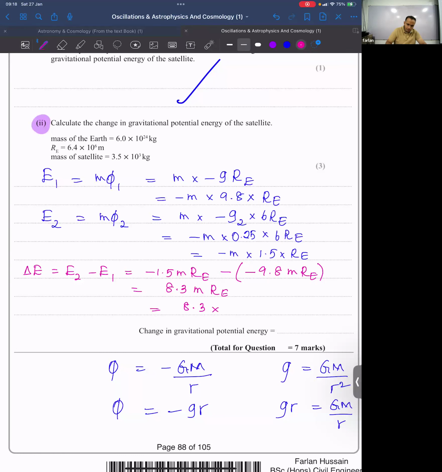The m is the mass of the satellite, which is 3.5 into 10 to the power 3, into Re is 6.4 into 10 to the power 6. I'm getting 1.86 into 10 to the power 11.